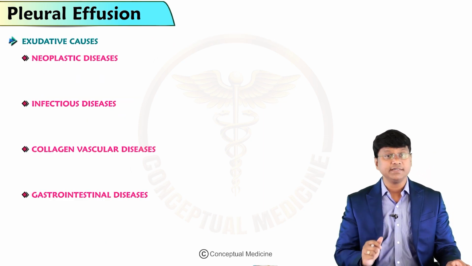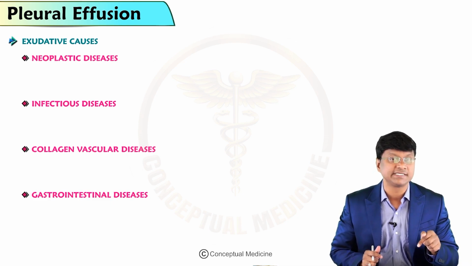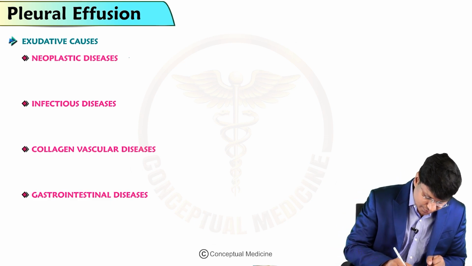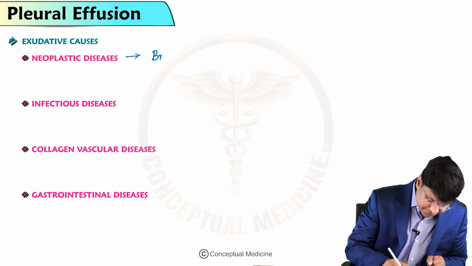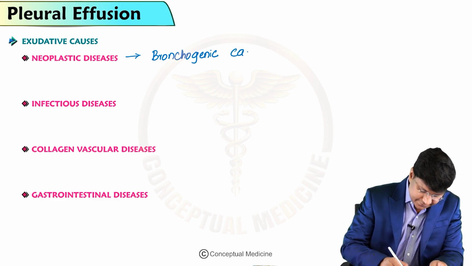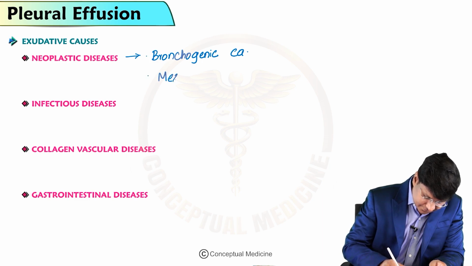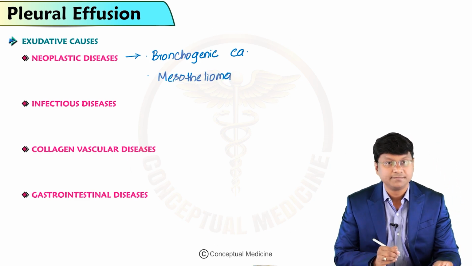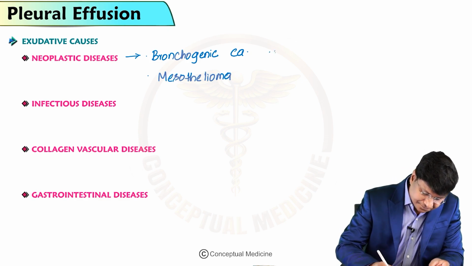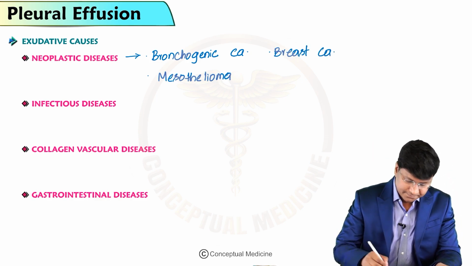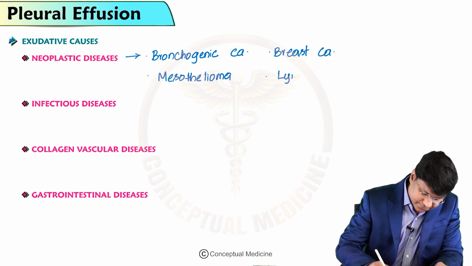So if you take the exudative causes, we have neoplastic diseases, and those neoplastic diseases include bronchogenic carcinoma, then mesothelioma, then breast carcinoma, and next lymphoma.